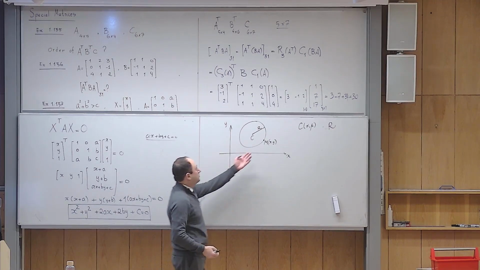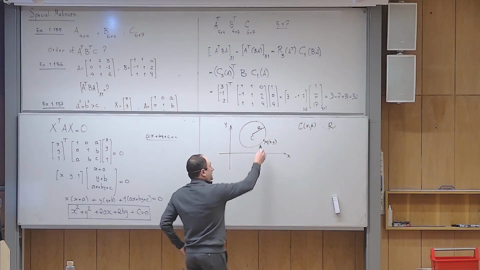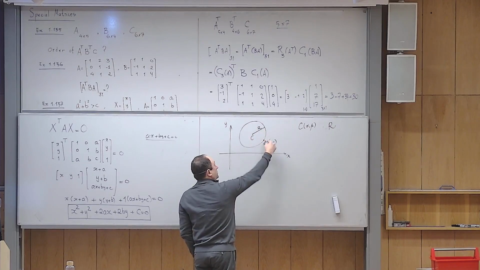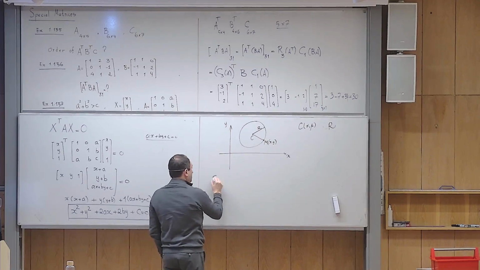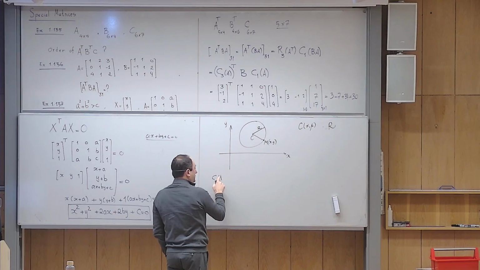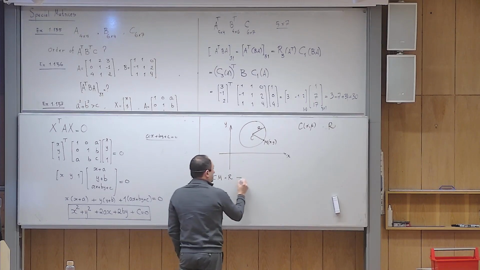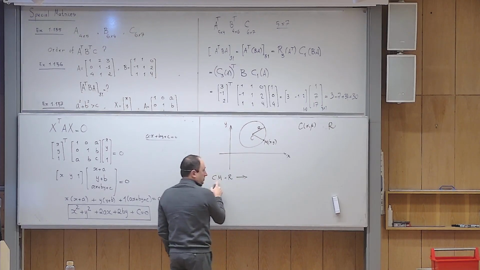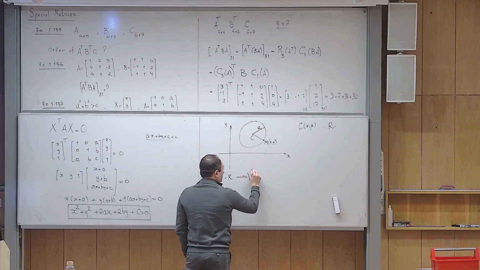What is the main property of the circle? What is the geometric property of the circle? It doesn't matter which point I choose, the distance from that point to the center is always r. So this means that CM, wherever this M is, as far as this M is on the circle, CM is r. But CM, you had it in Math 2C. This is the distance formula. The distance from C to M is a square root.